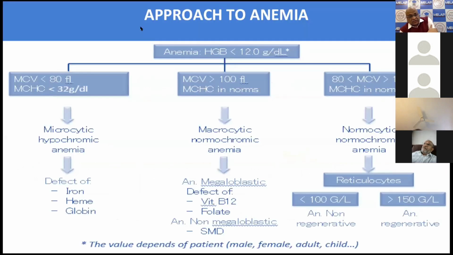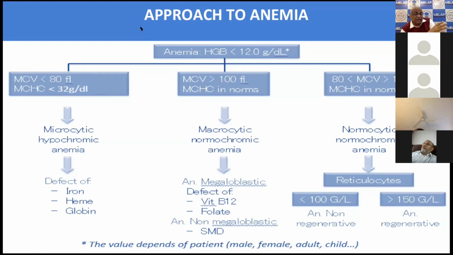And when we approach a case of anemia, after examination of CBC, we interpret the findings. We see whether the MCV is less than 80 or more than 100. Normal MCV is 80 to 96 femtoliters. If it is less than 80, it is pointing towards microcytic hypochromic anemia. And it may be because of iron deficiency anemia or thalassemia or anemia of chronic disease or sideroblastic anemia.